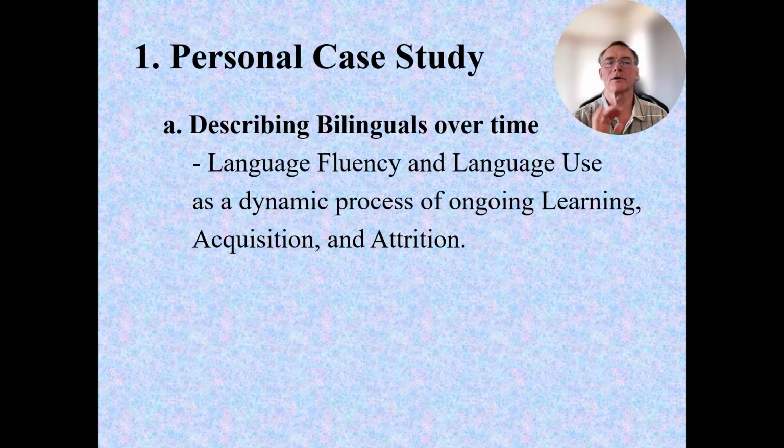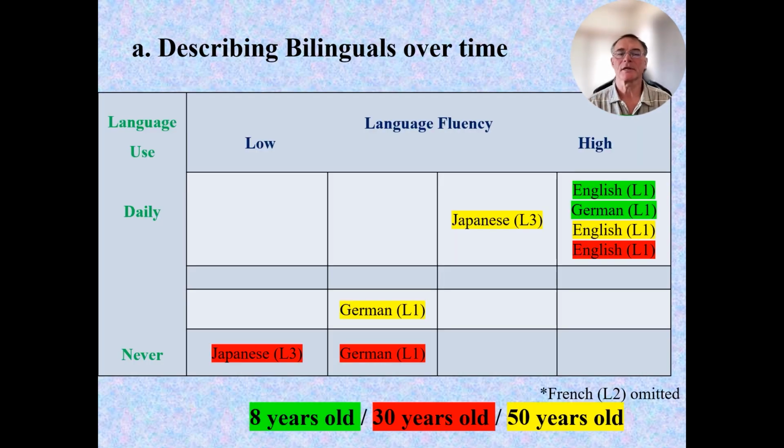And so let's go to part 1, personal case study, A, describing bilinguals over time. And this refers to language fluency and language use as a dynamic process of ongoing learning, acquisition, and attrition, the losing of language. And here, let's take a look at this table.